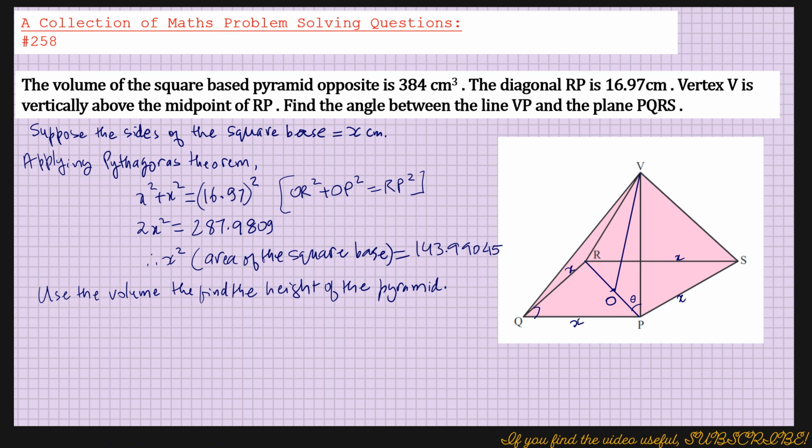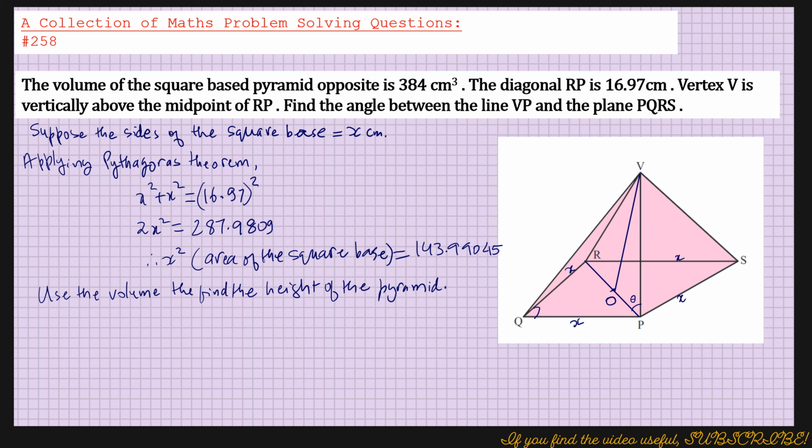When you do that, you get 143.99045. That would be the area of the square base.